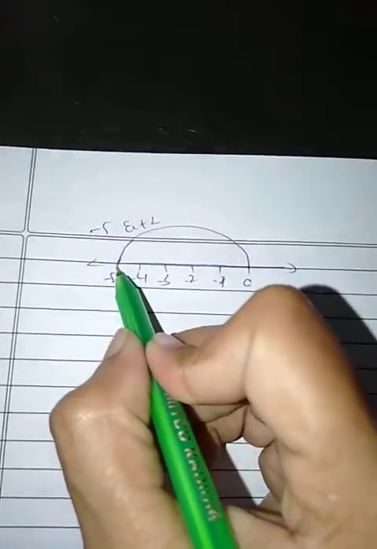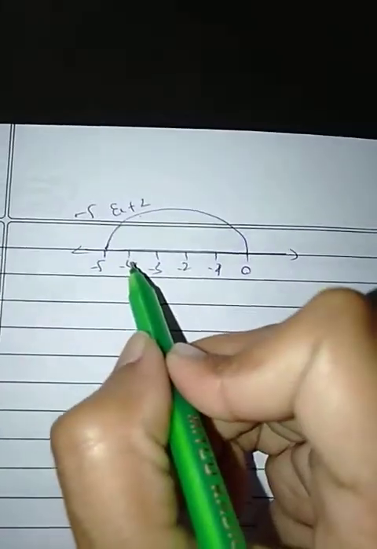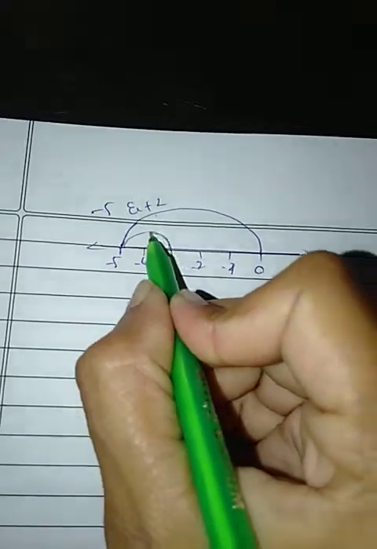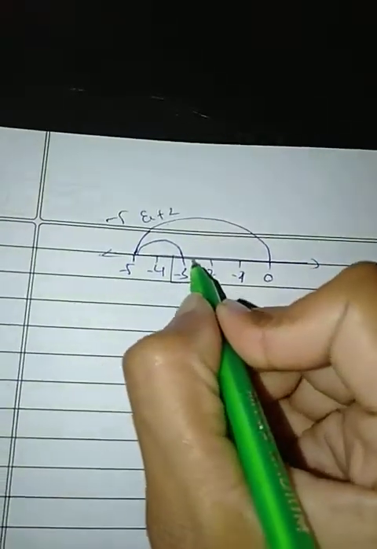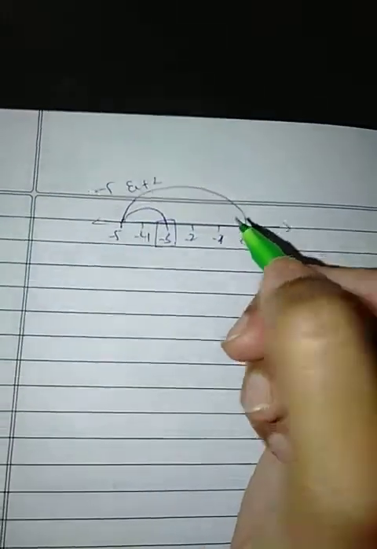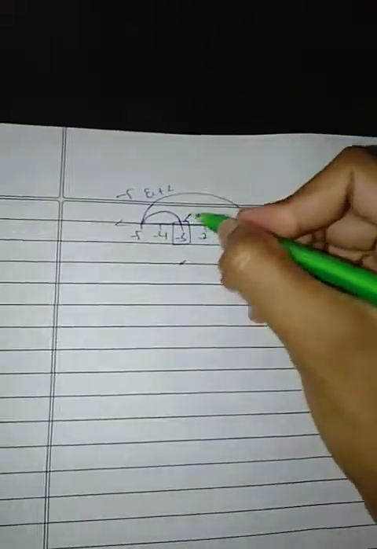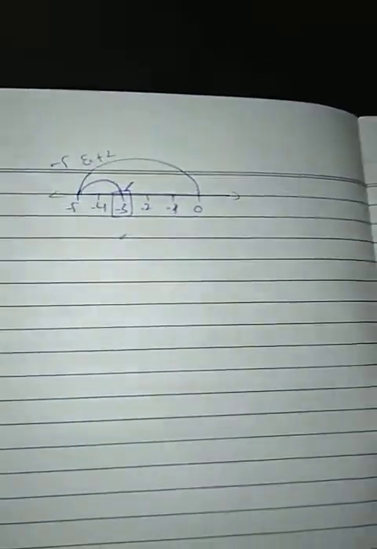So from minus 5 move 2 places, that is 1, 2. So we will get minus 3. Okay. So minus 5 plus 2 is minus 3. So you can do it any way. So in both ways we get minus 3 as the answer.